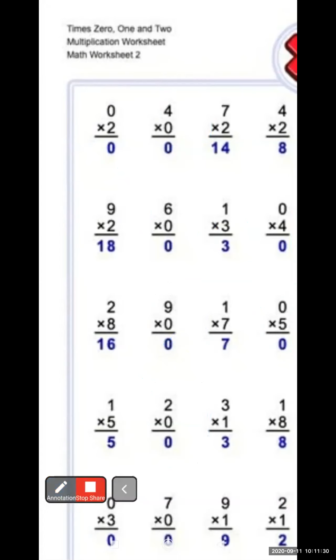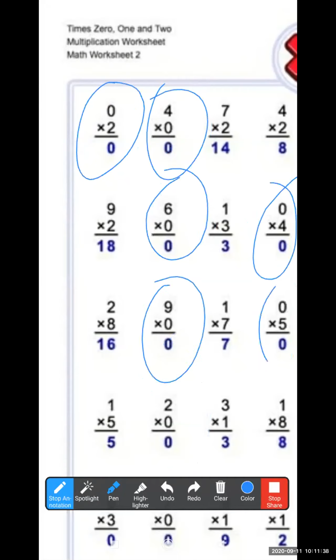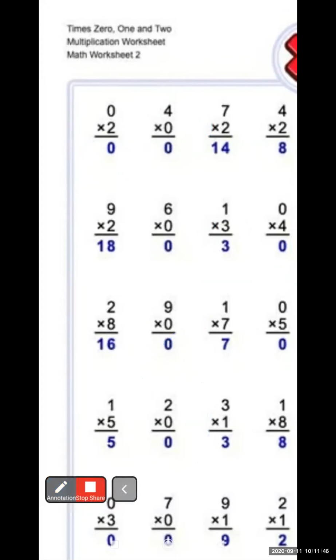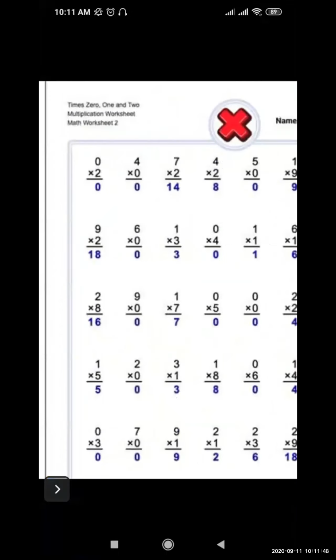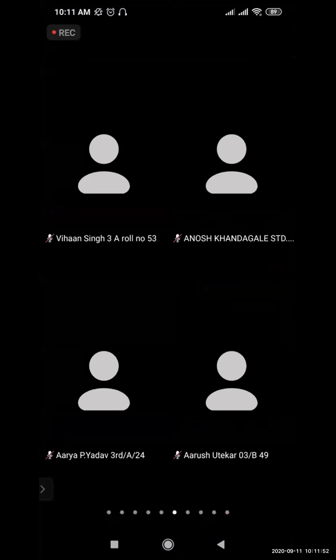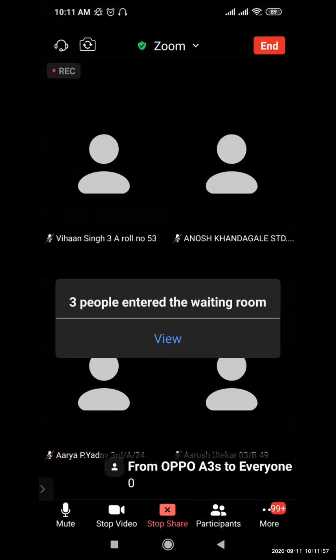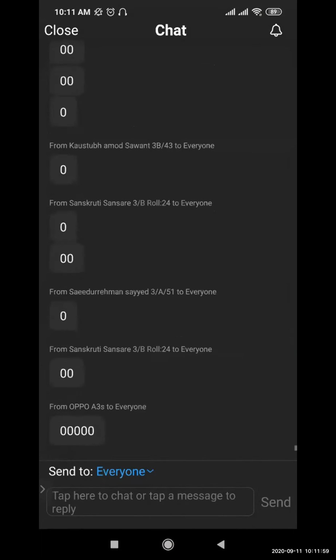So that's why in these sums we have got answer 0, because there is 0 in multiplicand or in multiplier place. So this is the second property of multiplication, dear children. I hope you all have understood what is the second property. If we multiply any number with 0, then the answer is 0.